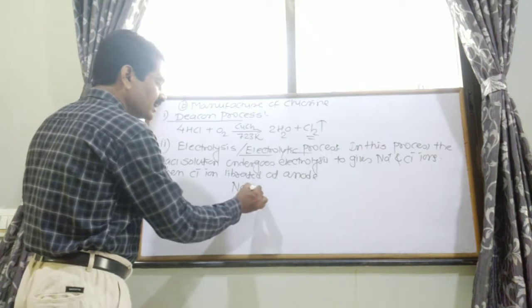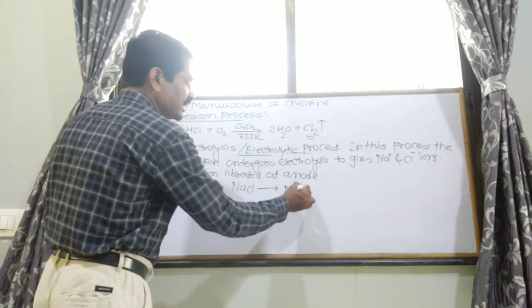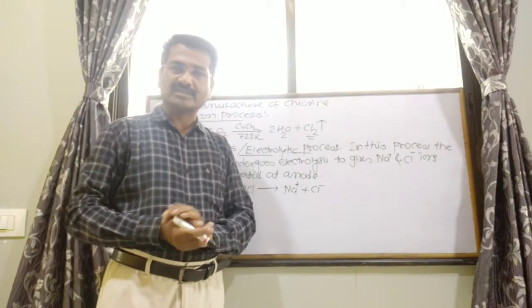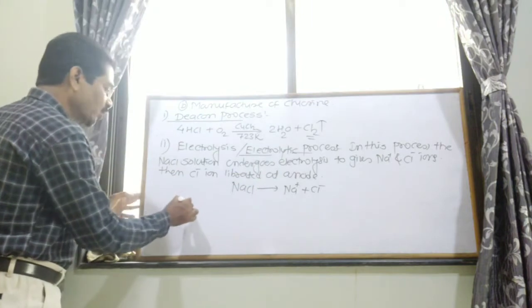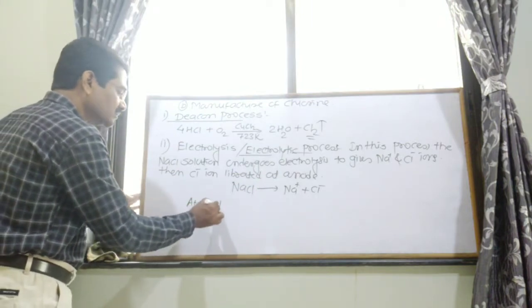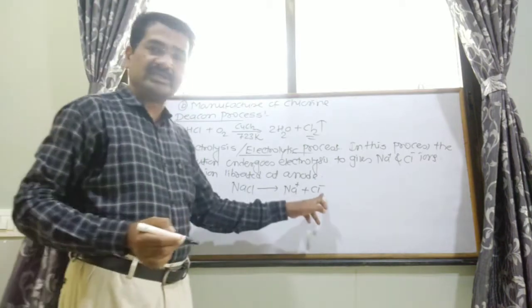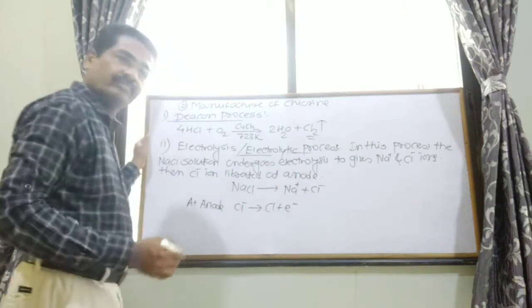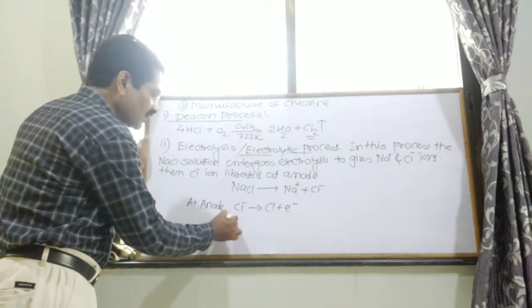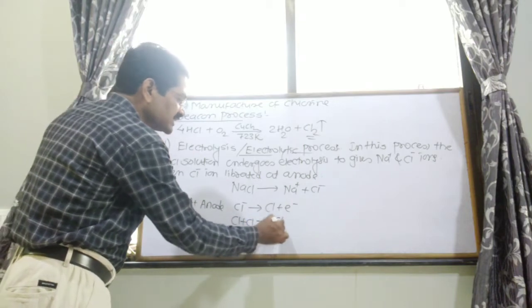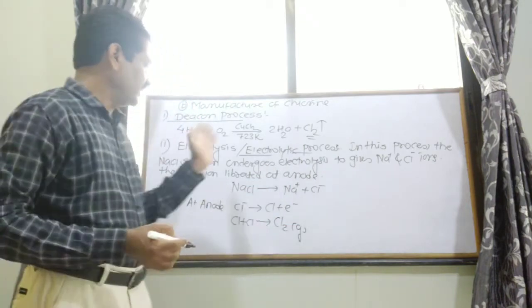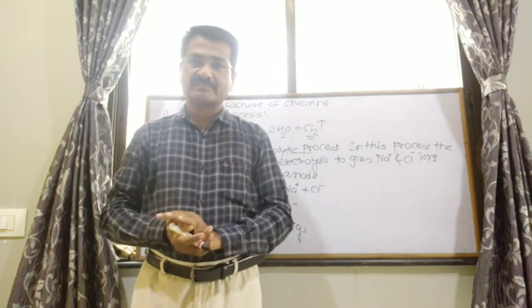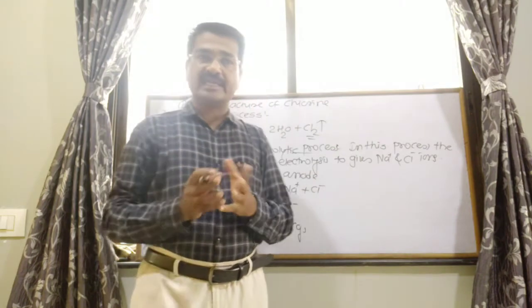This NaCl breaks up to give Na plus and Cl minus ions. Sodium is the cation and chlorine is the anion. At the anode, the negatively charged chloride is converted into Cl by loss of an electron, and these chlorine atoms fuse with each other to form Cl2 gas. By this way we can prepare chlorine gas in the electrolytic process at the anode.